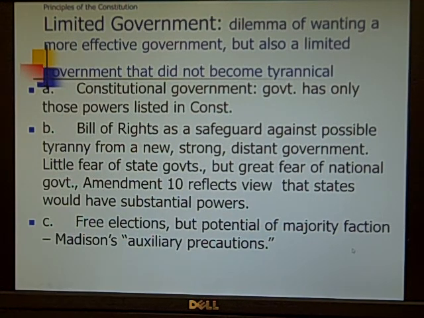And the Bill of Rights operates as a safeguard to protect us against tyrannical government, to ensure that the government is not stepping on our individual fundamental rights. And so again, this is a part of that balancing act of how we're going to create a government strong enough to be able to protect us, to protect our property, to protect our welfare, yet not so strong that it can trample upon us.